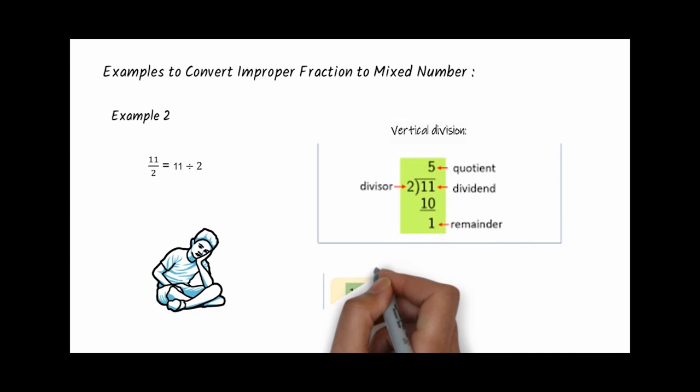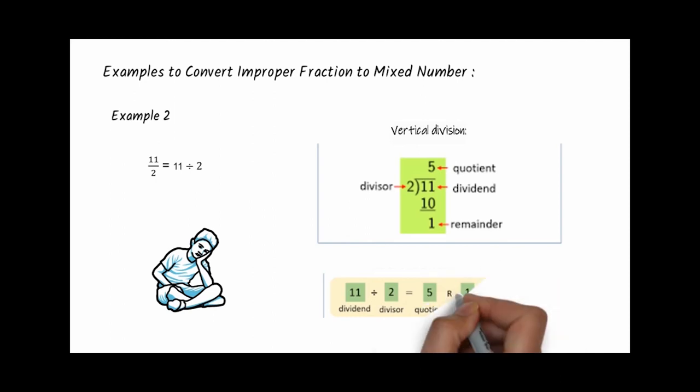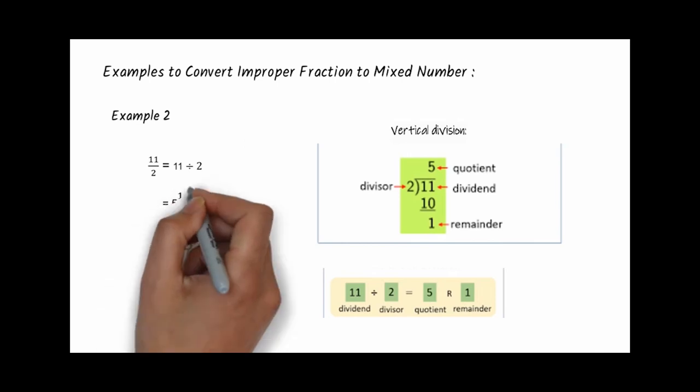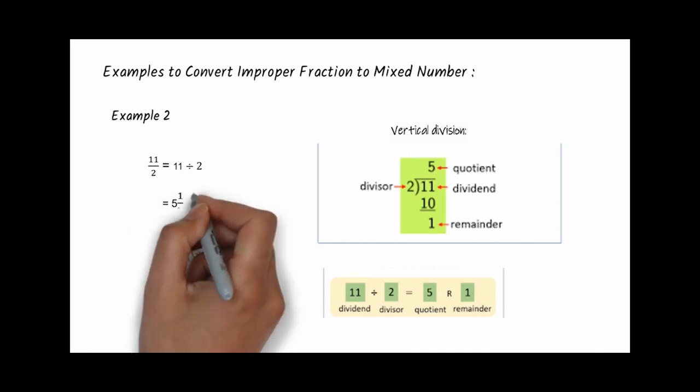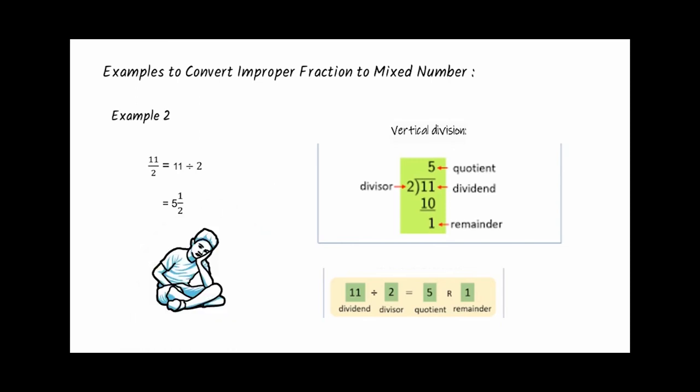So let's look at a different way to represent this division. For 11 divided by 2, 11 is the dividend, 2 is the divisor, and that equals 5, which is the quotient. The letter R represents remainder, and the actual remainder is 1. Now let's use these different elements in the result, and then we're going to form our mixed number.